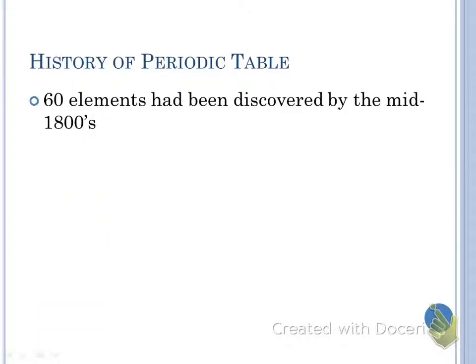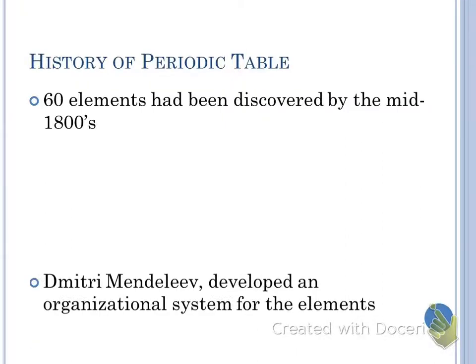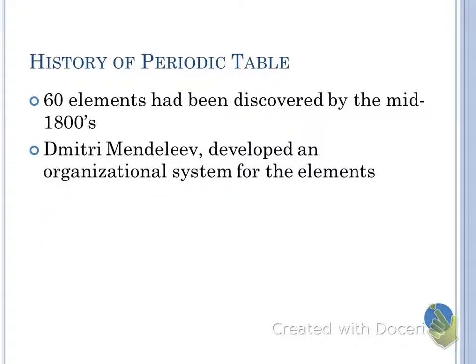Alright, so we're going to first start basically where the periodic table started. The periodic table started with only 60 elements. In the mid-1800s, when this first periodic table was formed, there were only 60 elements to be put into the table. Today there are many more than that. A scientist by the name of Mendeleev.